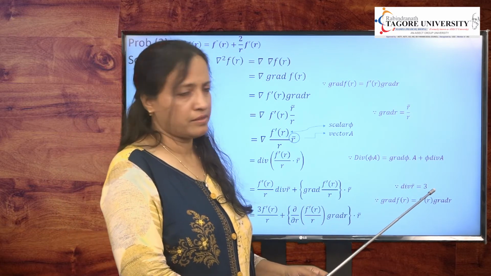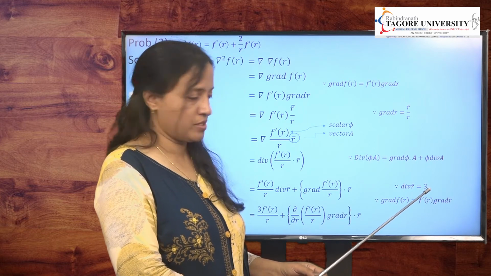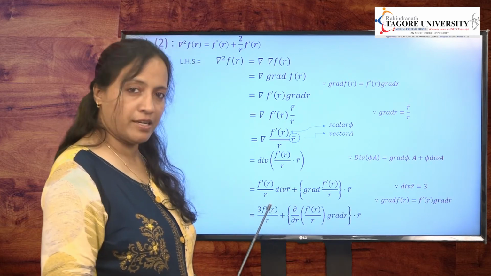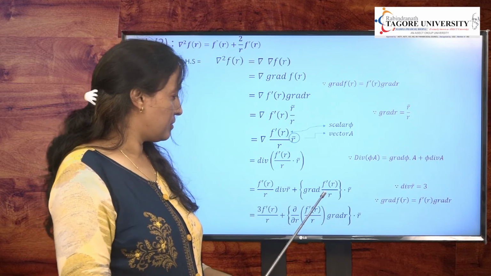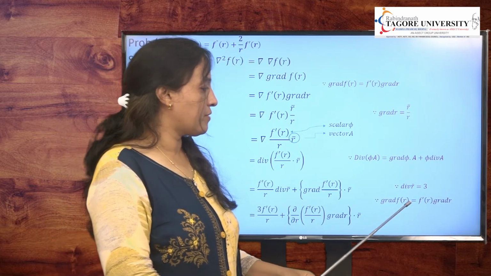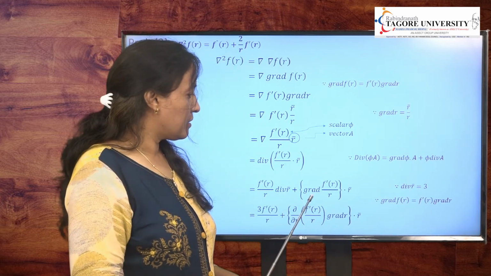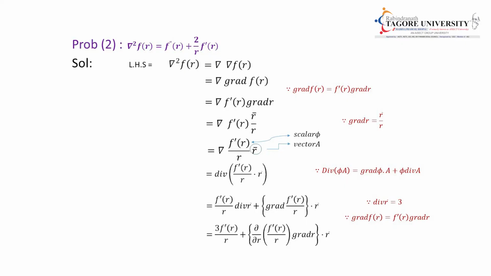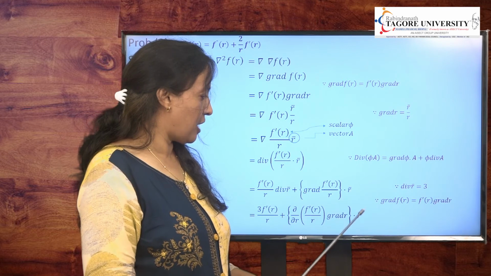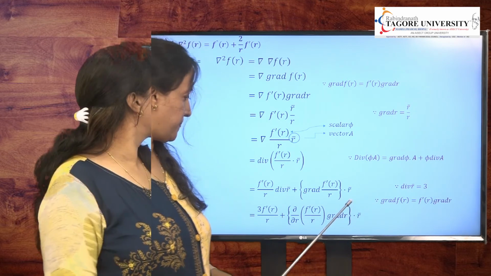Div of r vector is always equal to 3. Substitute the value here, 3. And for the gradient, grad of f of r is f dash r grad r. Grad of this scalar function, differentiating this function, del by del r of this, and grad of r outside, r vector as it is.